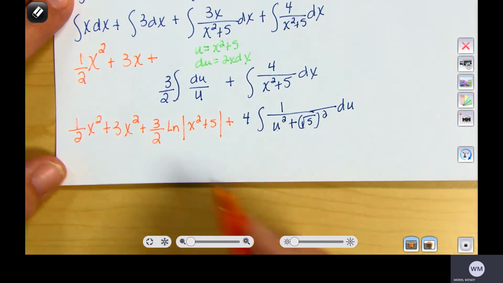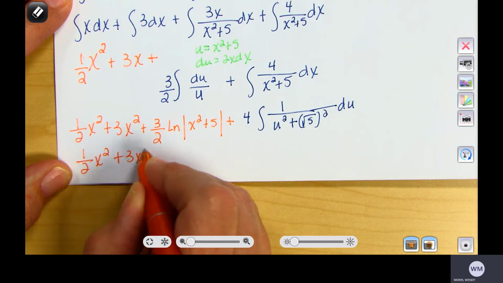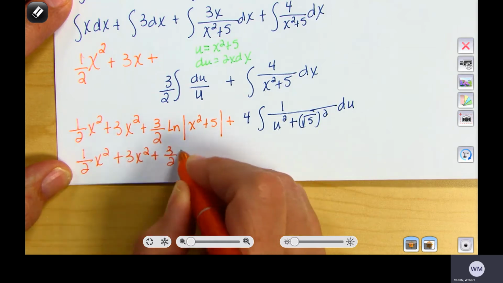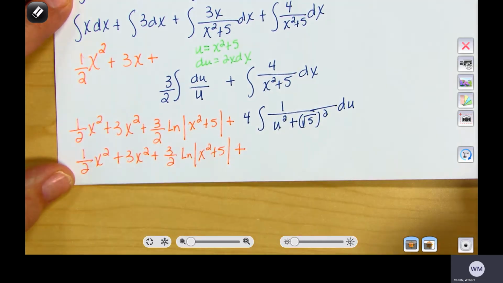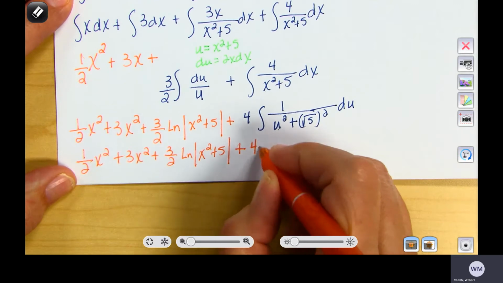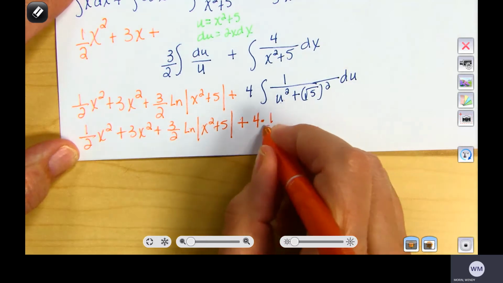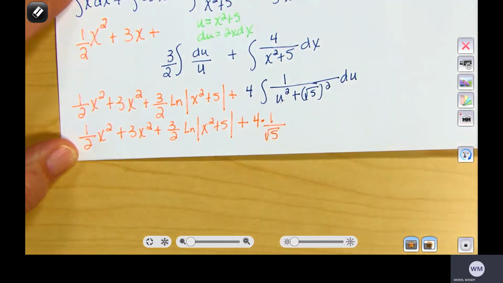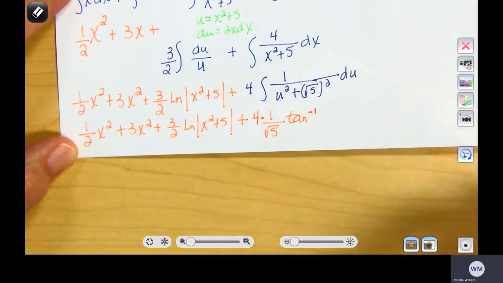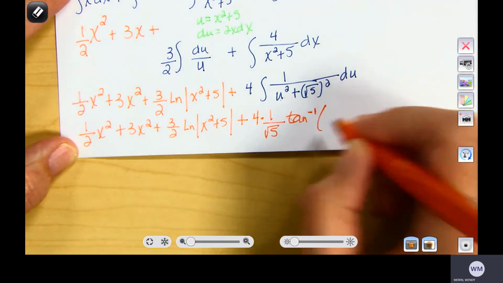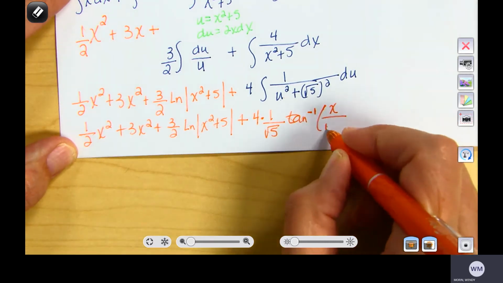Yep, that's arctan. So 1/2 x squared plus 3/2 natural log of x squared plus 5 plus, all right, so 4, what do you have to memorize for this one? 1 over your a value times the arctan of your u, which happens to be x, divided by your a value.